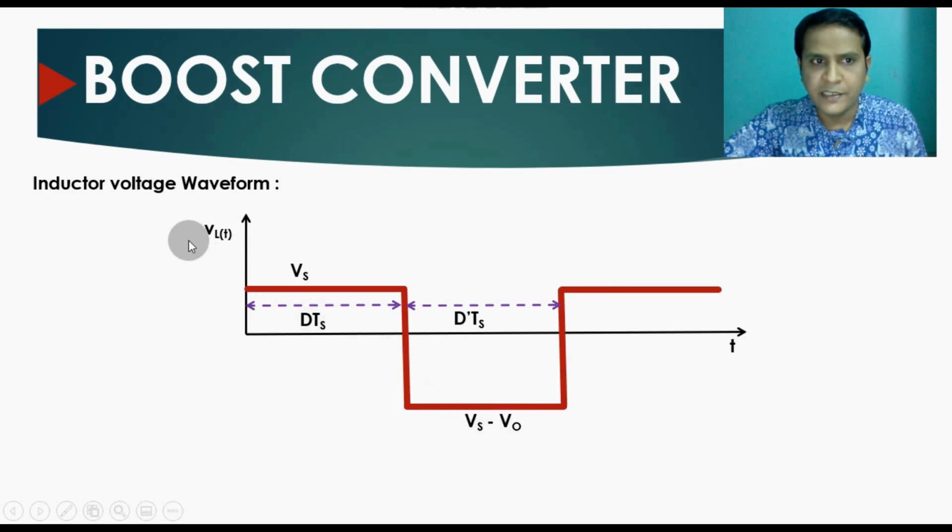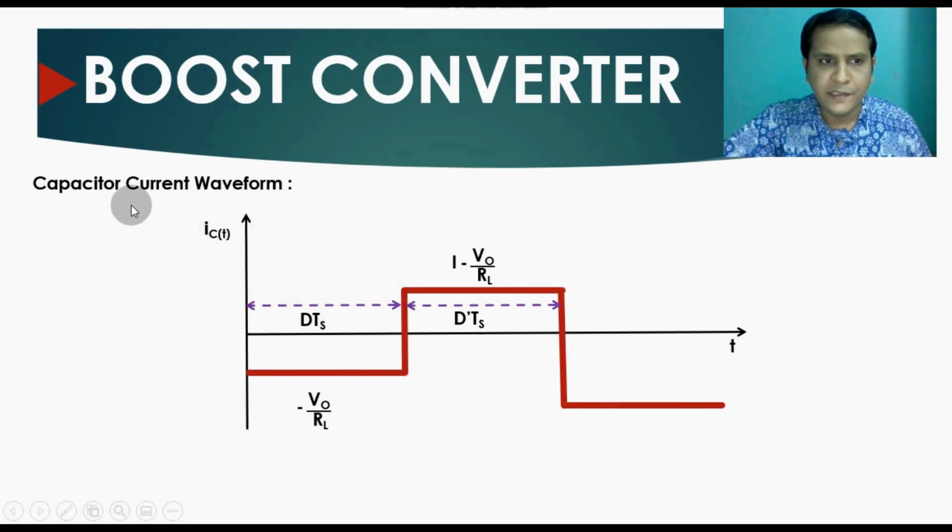So this is the inductor voltage waveform. Hope you understand: inductor voltage for on time and inductor voltage for off time, right? By using those equations, I've plotted the graph here. Now this is the graph for the capacitor current waveform, right?